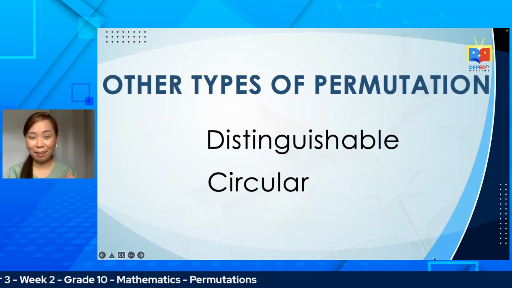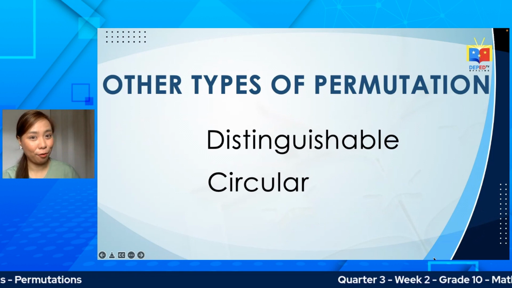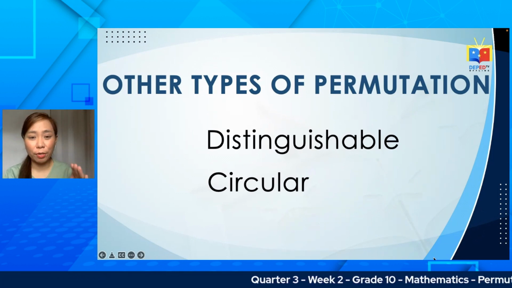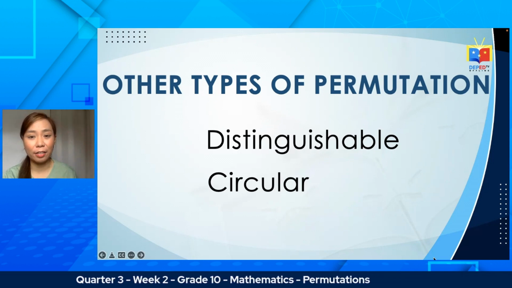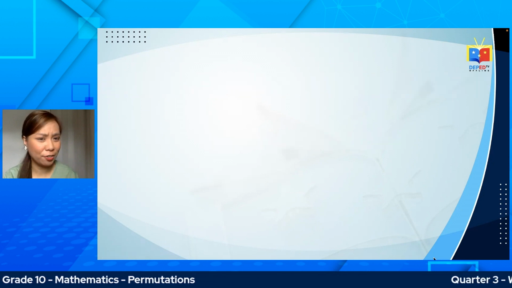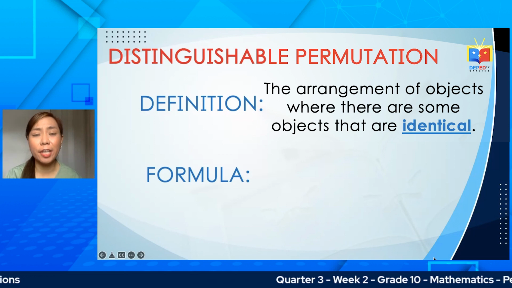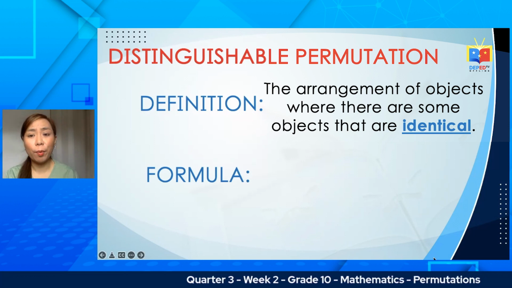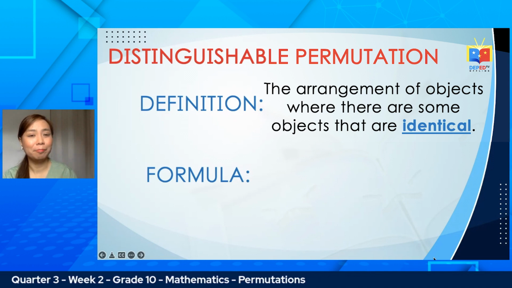But do not forget that there are 2 permutations that we will be discussing for today. We are done with distinguishable and we are about to move forward to our second kind of permutation. But let's review first. Your distinguishable permutation is the arrangement of objects where there are some objects that are identical.